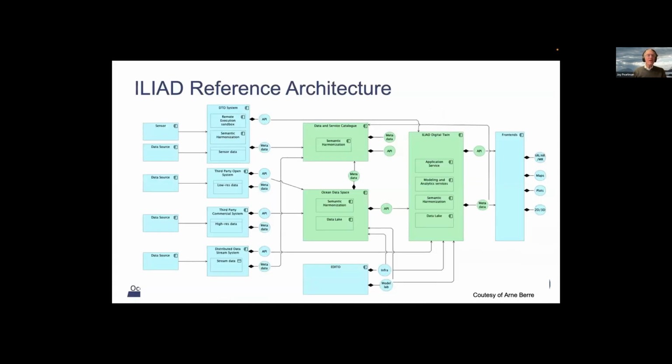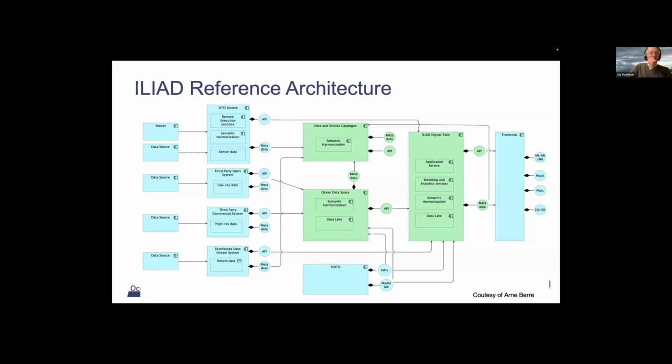Turning to Iliad, there's a little more detail in this, but as we see, we have data sources and data providers. The data providers in this case can be either research organizations, open system providers, commercial systems, and basically distributed twins. So there's a variety of inputs.